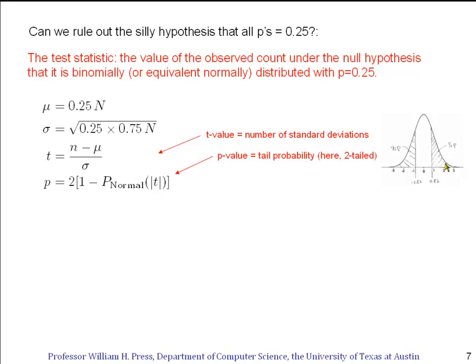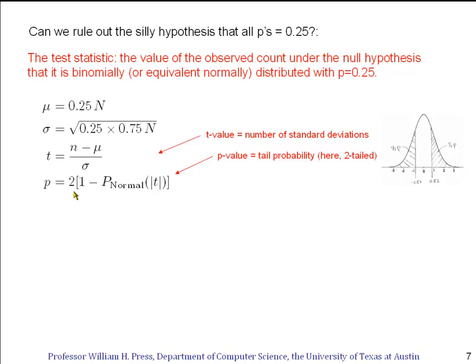But we would also consider the null hypothesis ruled out if there were way less counts than we expect under the null hypothesis, and that would be an area of the curve on this side. Now, by the symmetry of this picture, it's the same area as long as we evaluate this cumulative distribution function with a positive number. That's why we have the absolute value signs. And the fact that we're including both tails, that it's a two-tailed test, is why the p-value gets this extra factor of 2 right here.